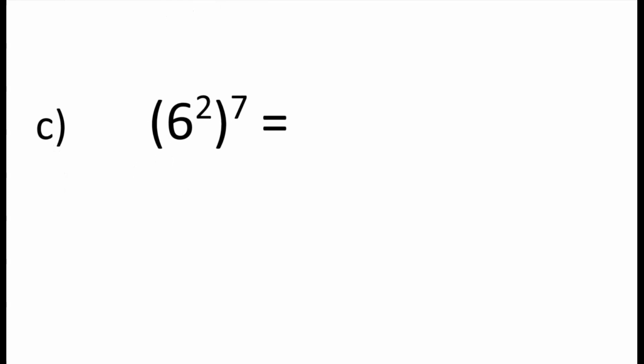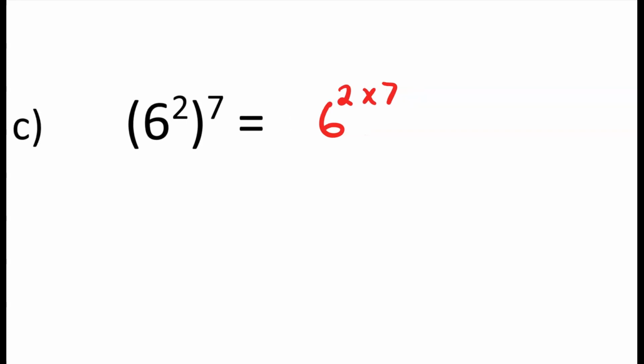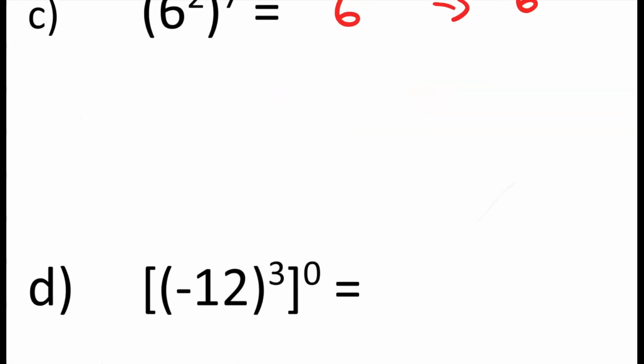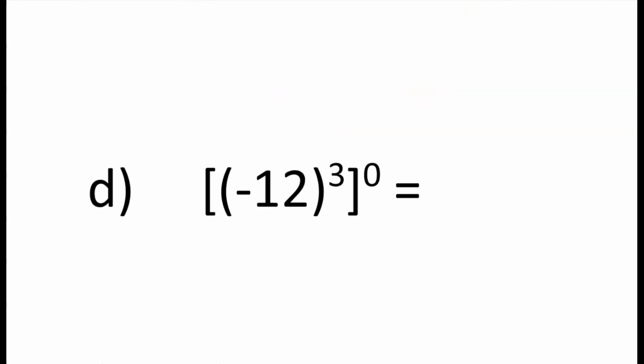C, we have a base of 6, and we have an exponent of 2, and on the outside of the brackets of 7, so we have 2 times 7 as our exponents, so our base is 6, and our exponent becomes 14. In the last one here, I'm going to leave for you to do.